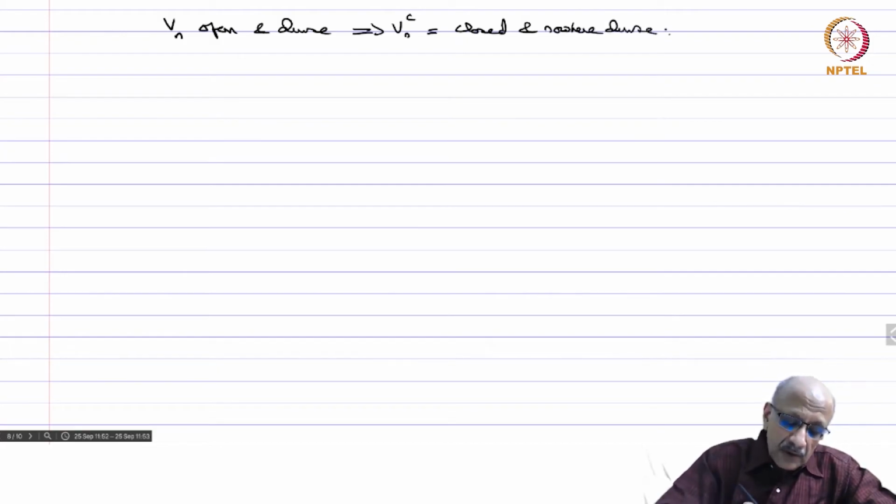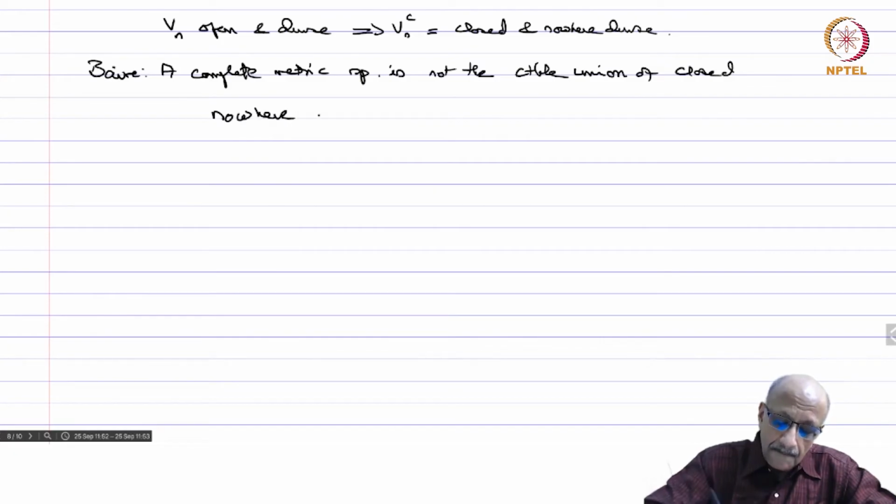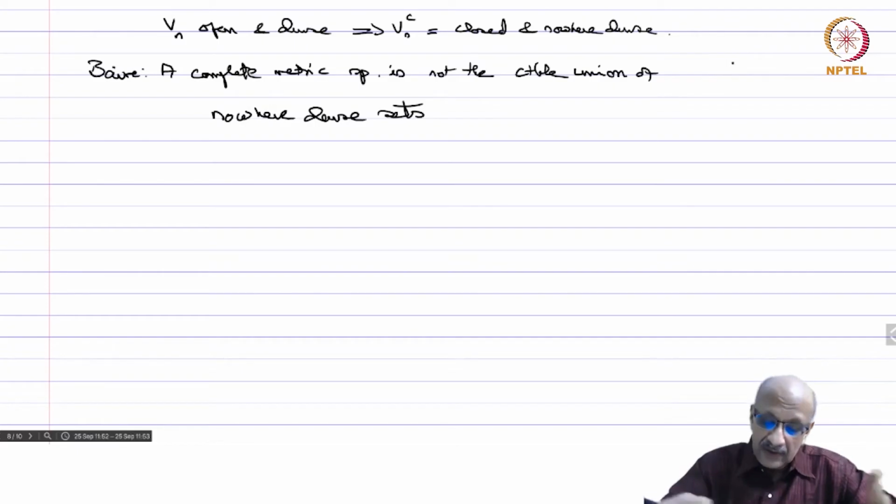And therefore Baire's theorem can also be stated as follows: a complete metric space is not the countable union of closed nowhere dense sets. In fact you don't need closed, because if you just say nowhere dense sets, it's even smaller, and therefore it cannot be the countable union.